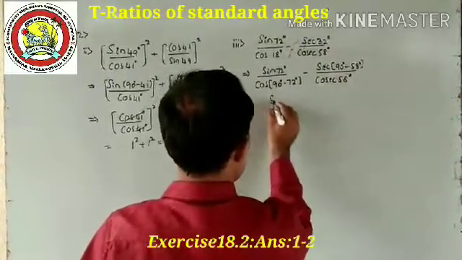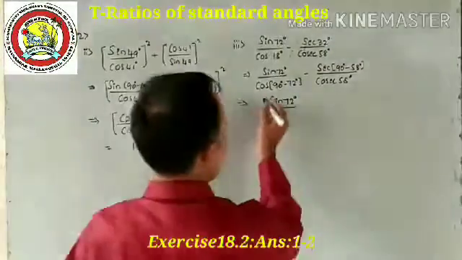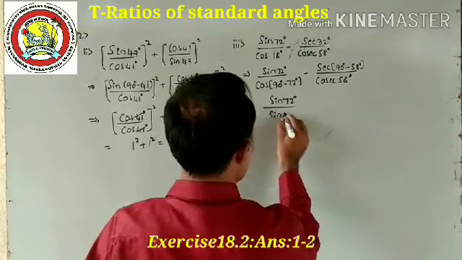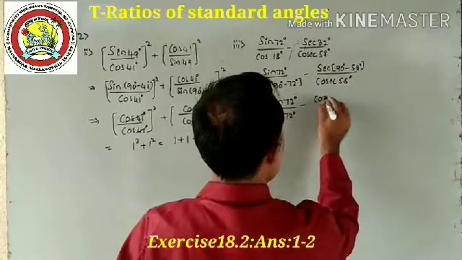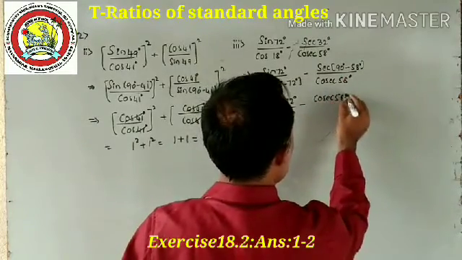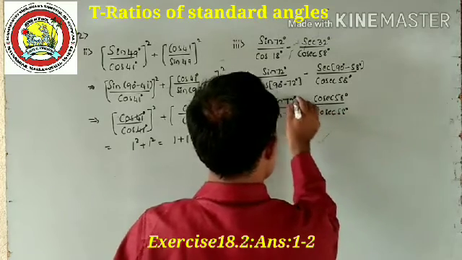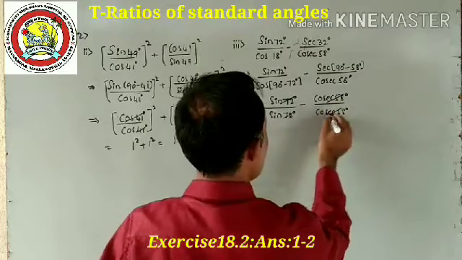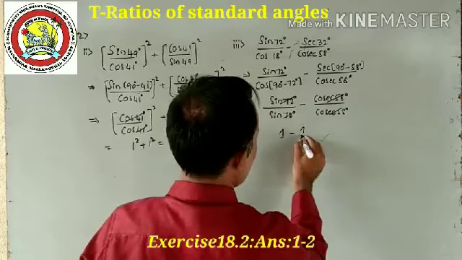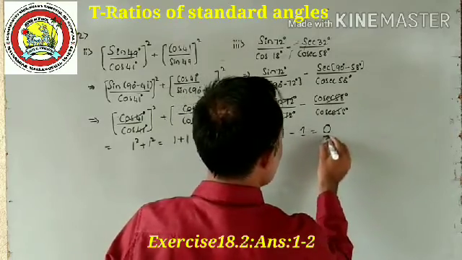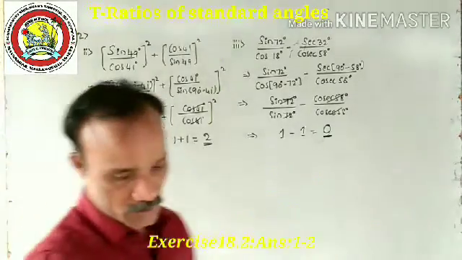So sine 72 divided by cos (90 minus theta), sine 72 degrees, minus cosecant theta value 58 degrees divided by cosecant 58 degrees. Gets cancelled. Here also gets cancelled. So 1 minus 1, as the value of this one is 1. So the final answer is 0. This is about second main, third question.